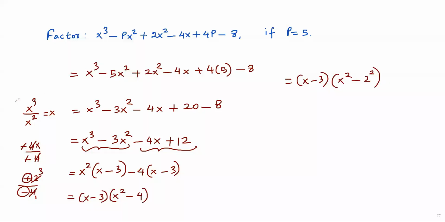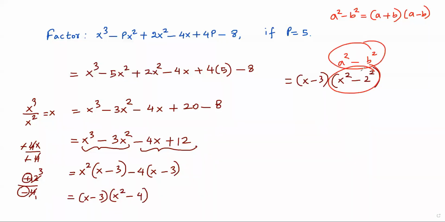When I write 4 as 2², it is in the form a² − b². We already know the algebraic identity a² − b² = (a + b)(a − b). Comparing, we get x for a and 2 for b.